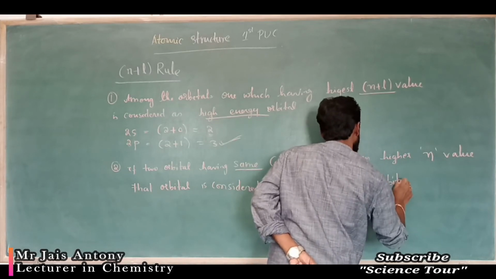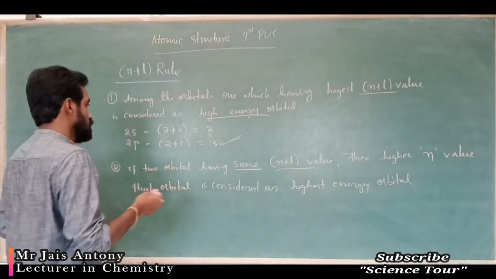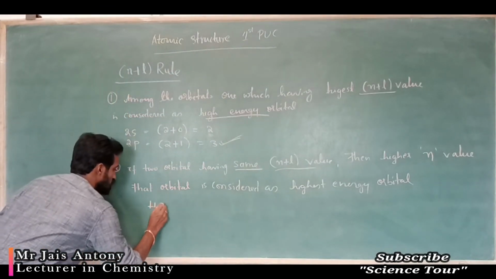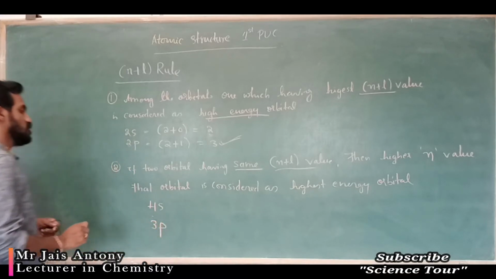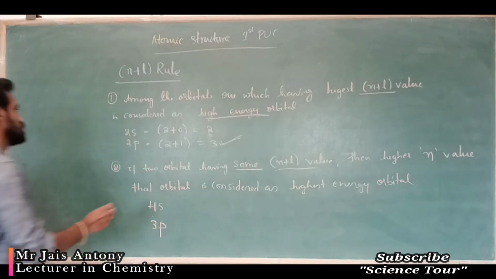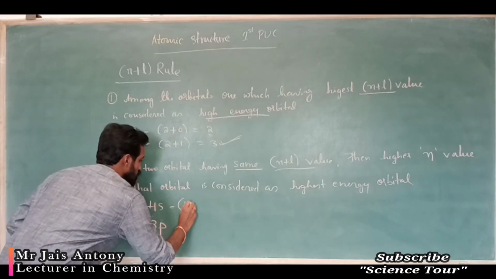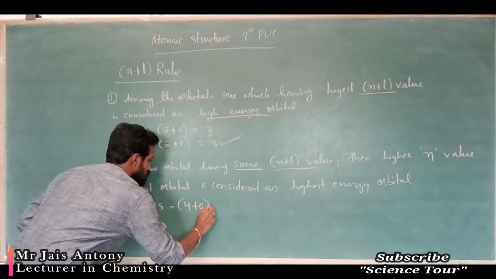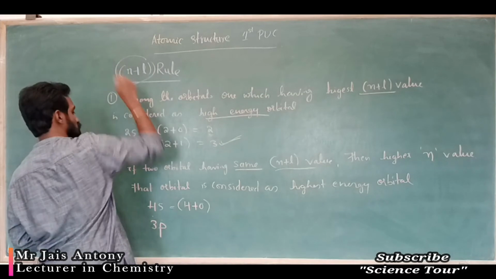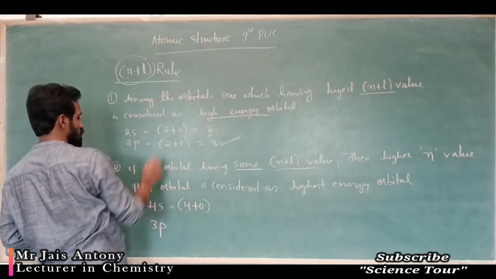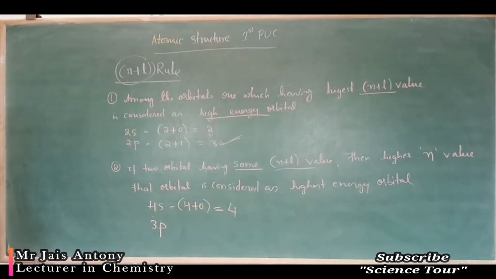My dear students, I will give you one example, and then you will understand. I will give you two orbitals, 4s and 3p. We find n plus L for 4s: n is 4, L for s is 0, so you get 4.